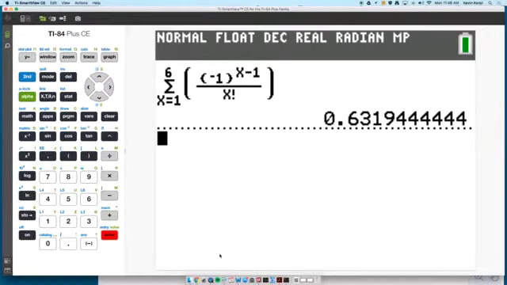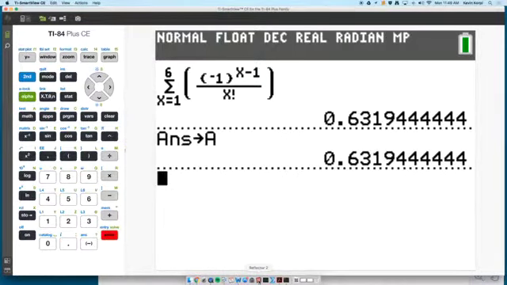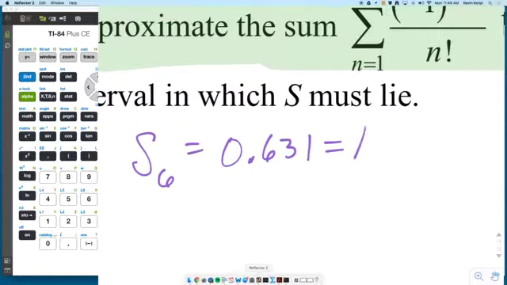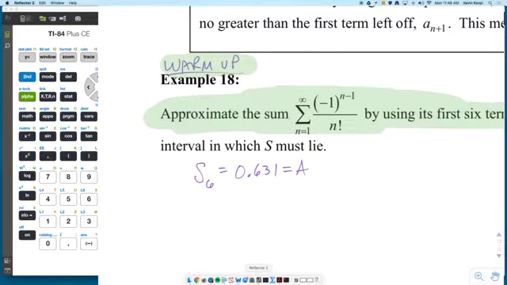And then if you hit enter, you'll get this number here. So I'm going to label that as S subscript 6 is equal to 0.631. And then I'm going to store that as alpha A. Okay, so there you go. I'll store it as A right there as well. So that's the sum of the first 6 terms.